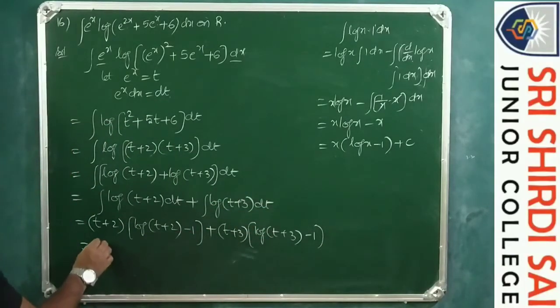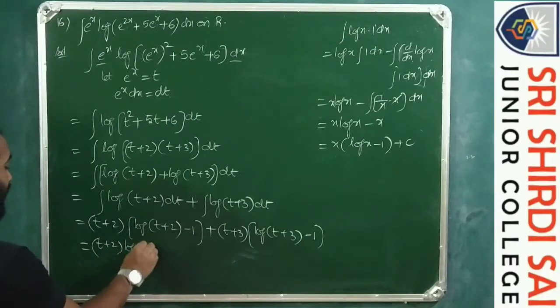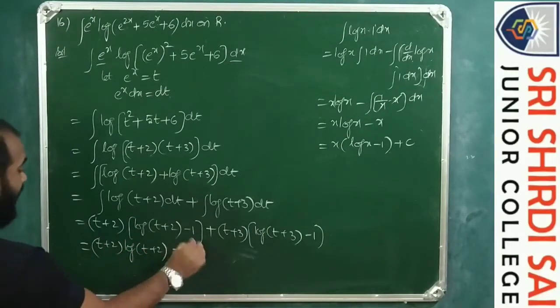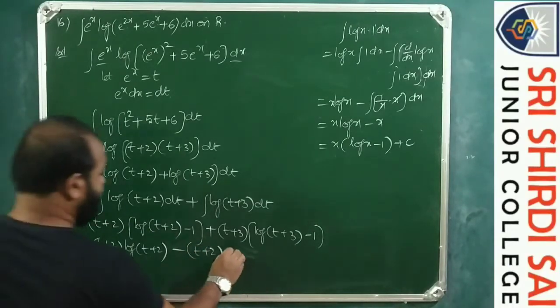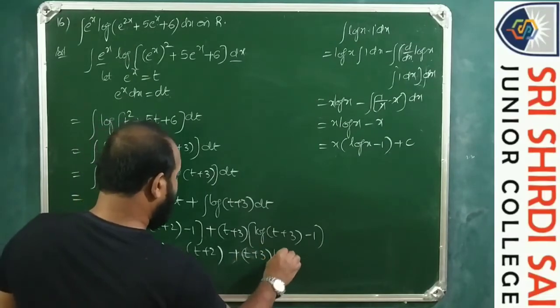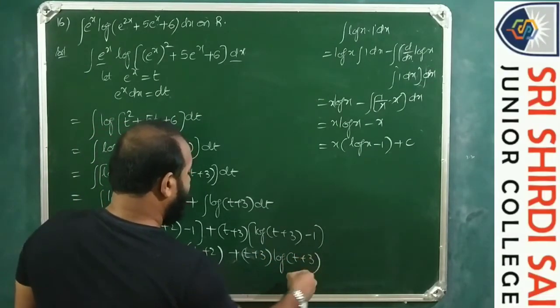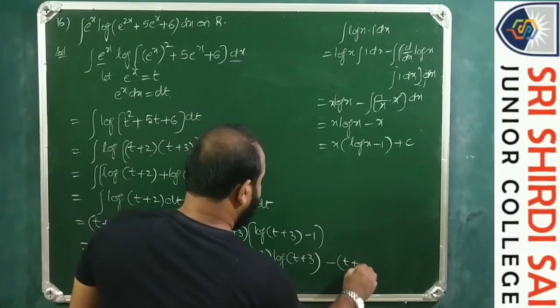So here (t+2) log(t+2) minus 1 into (t+2) is (t+2), plus (t+3) into this, so (t+3) log(t+3) minus of (t+3).